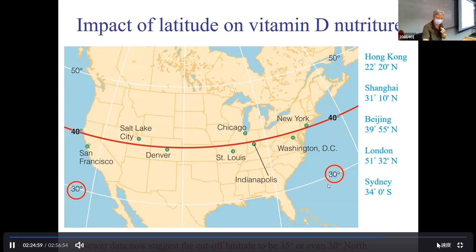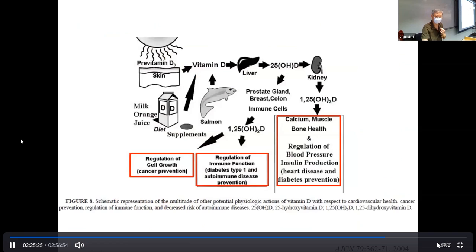So this is what we usually say, either 30 degrees latitude effect or 40 degrees latitude effect. Usually we say 40 degrees, but now some people say even 30 degrees is also having an impact. You can see that Hong Kong is down here, Shanghai, Beijing, London, Sydney. Sydney, of course, is in the Southern Hemisphere.